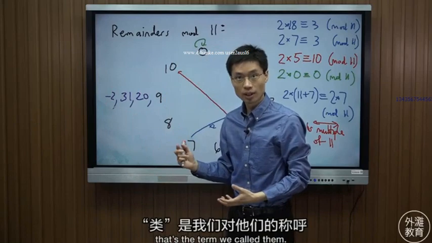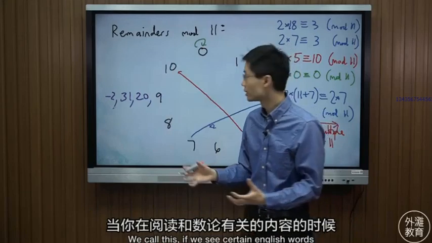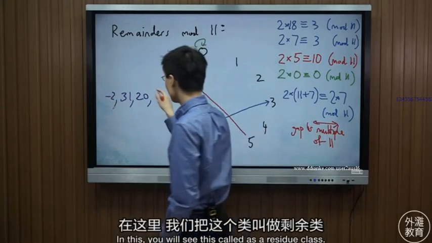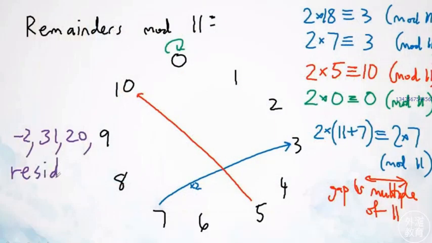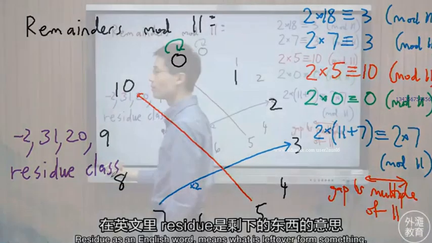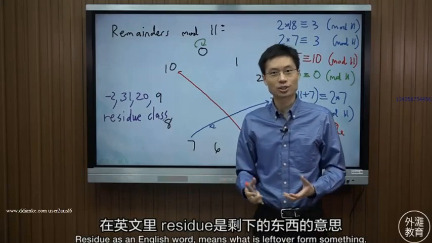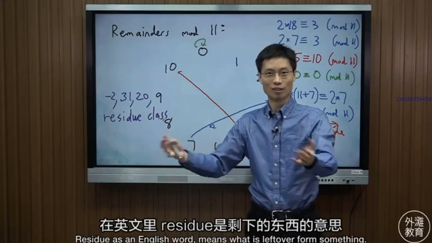That's the term we call them. If you see certain English words when you read about number theory, you will see this called a residue class. Residue as an English word means what is left over from something.